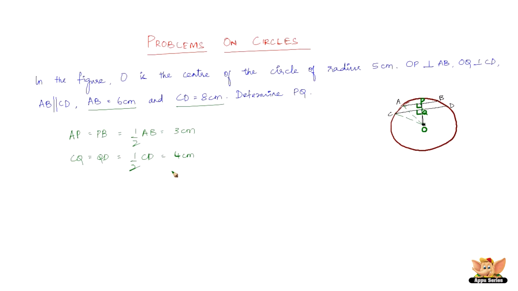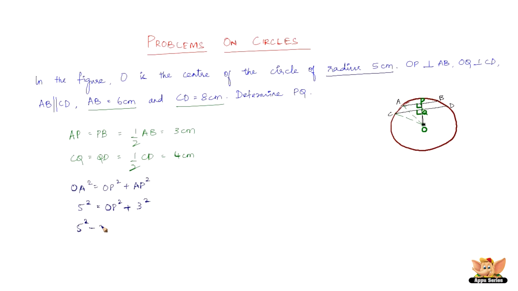Now, in the right triangle OAP, we have OA square equals OP square plus AP square. OA square is equal to 5 square because OA is the radius of the circle and the radius is 5 centimeters. OP square is what we need to find, which is unknown, and AP square is nothing but 3 square.